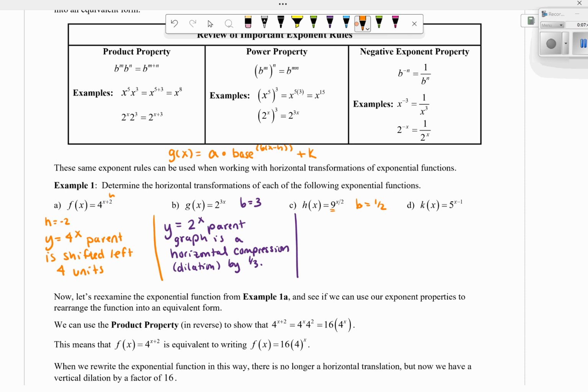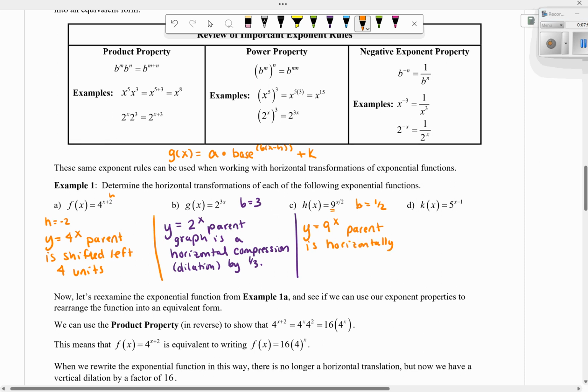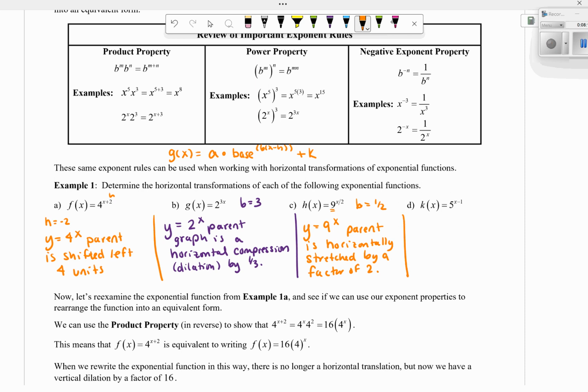So the parent graph, the base is 9, so y equals 9 to the power of x is the parent graph, is horizontally stretched by a factor of 2, because remember it's 1 over the absolute value of b, so it's a dilation of 2.